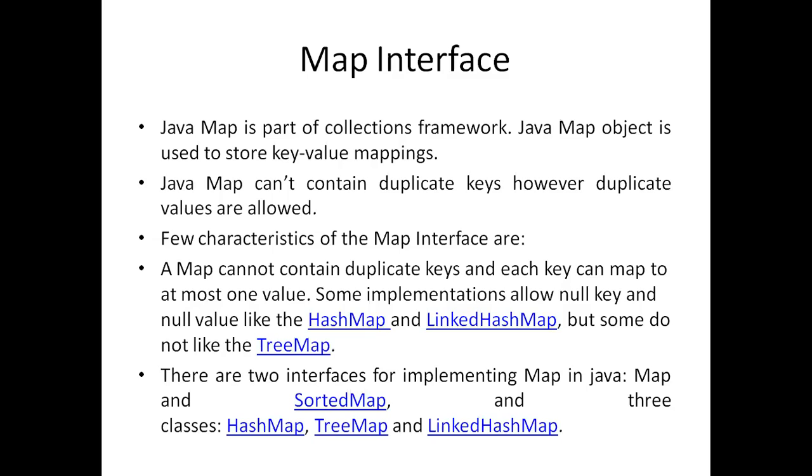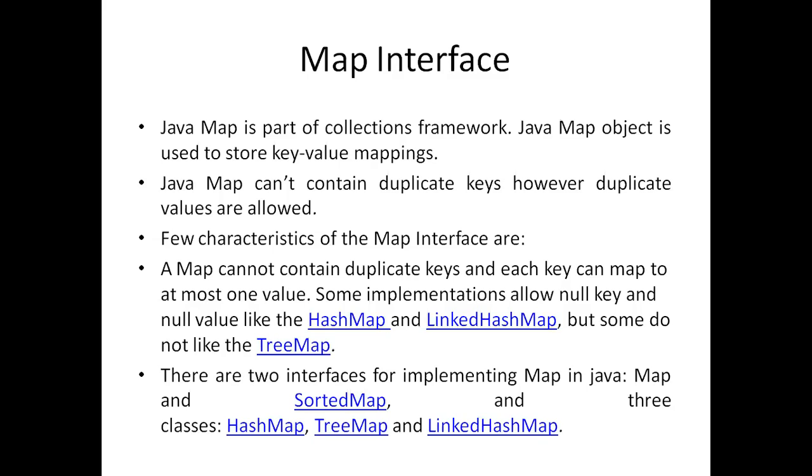So a few characteristics: the Map interface does not contain duplicate keys. A map cannot contain duplicate keys, and each key can map to at most one value. One key, one value. That's all. One is key, another one is value.